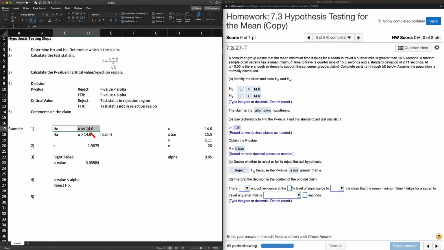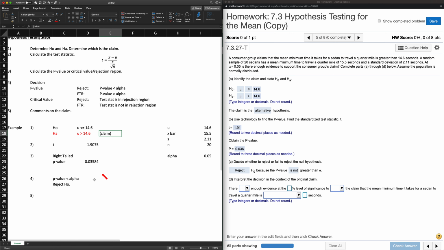So if we imagine crossing this out, let's make the alternative red to indicate that. So the null hypothesis is now we're thinking incorrect, and our guess is that the alternative hypothesis is the right one. This consumer group is claiming the alternative. They are claiming what we are thinking is the right hypothesis. So we agree, and if we agree, we can then support their idea.